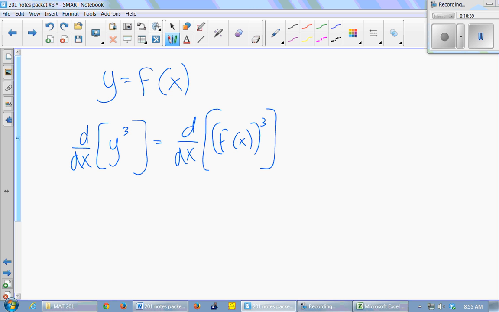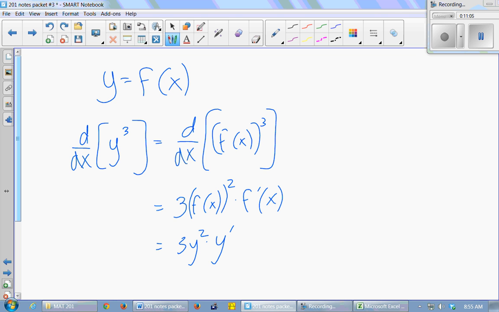And this is the kind of thing that you did on your last test. If you want to take the derivative of f of x cubed, you take 3 times f of x squared, right? But then you still have to multiply by the derivative of the inside, f prime. And now I'm just using a y instead of an f of x. So that's why I had 3y squared y prime.